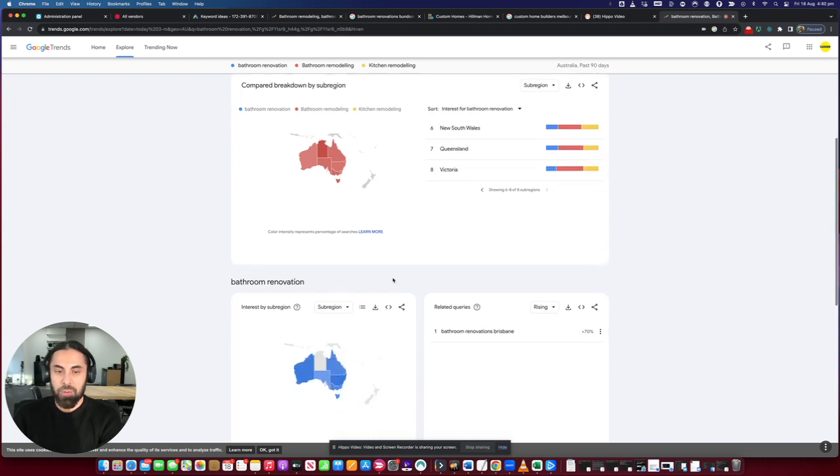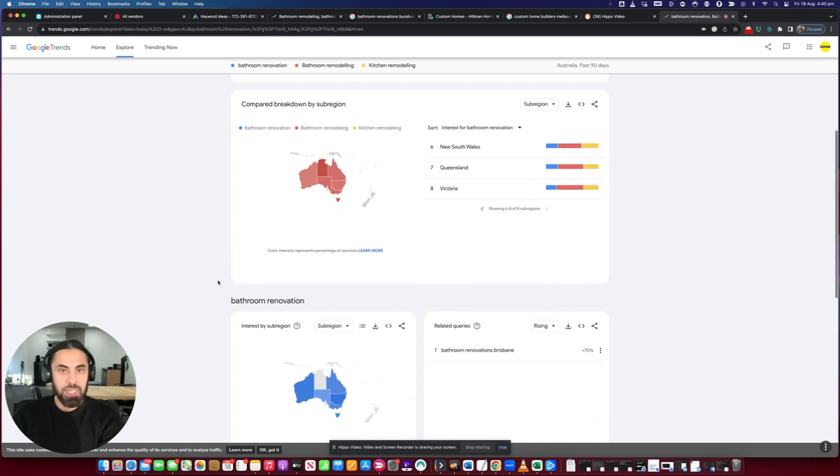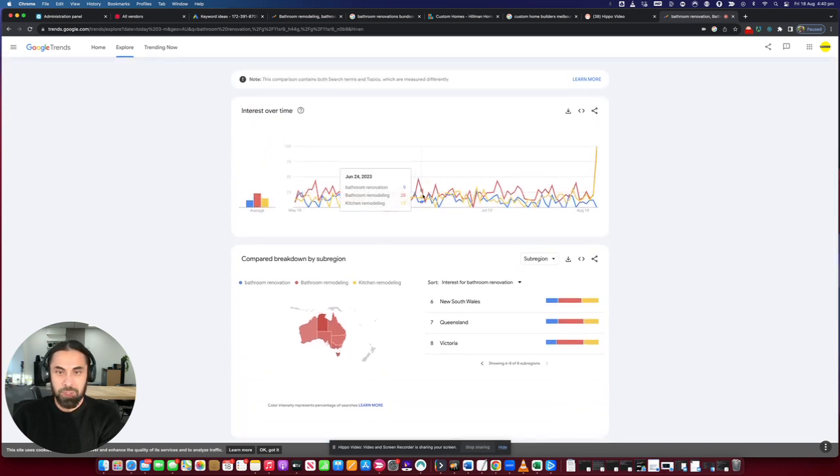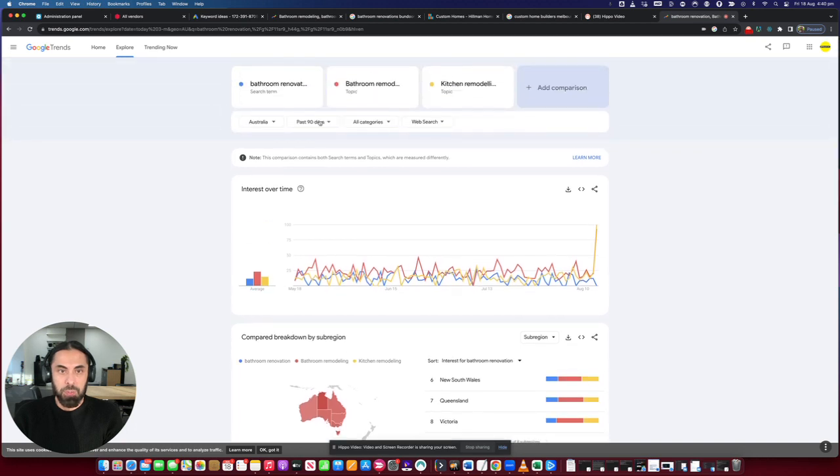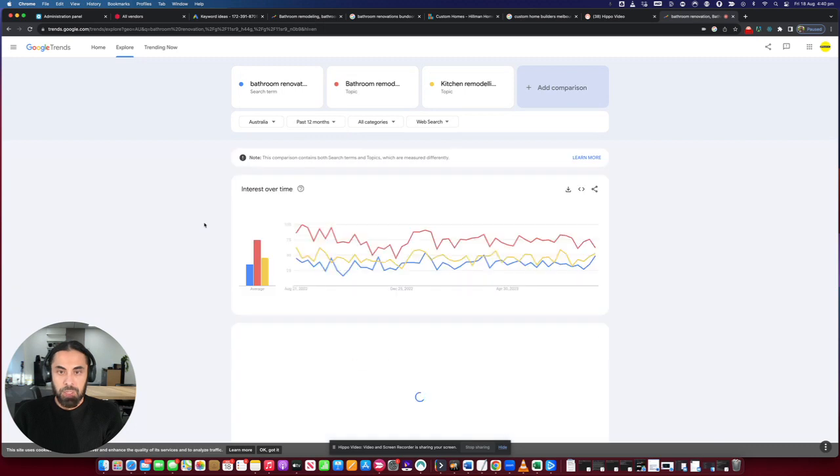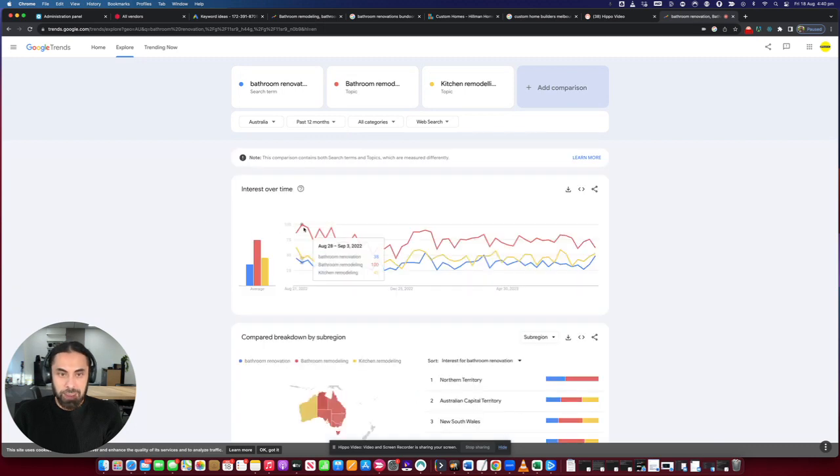So this is a great way for you to start getting an idea of what's happening in terms of the market. A lot of people seem to think, okay, well, we're in a recession at the moment. That means people are not spending, but by the looks of it, people seem to be spending just as well as they had 3 months ago, and so on and so forth. So you can open that up to maybe 12 months, and you can see the patterns.